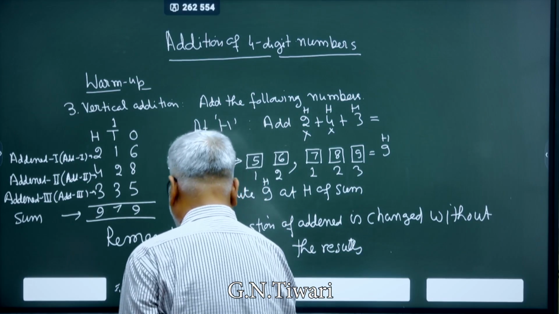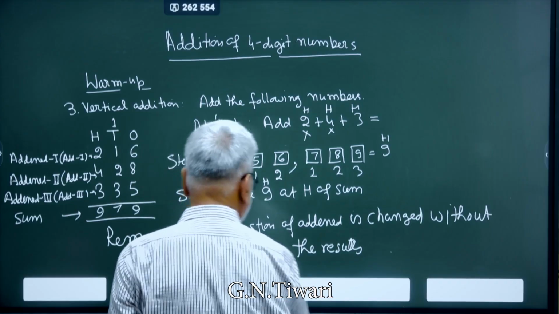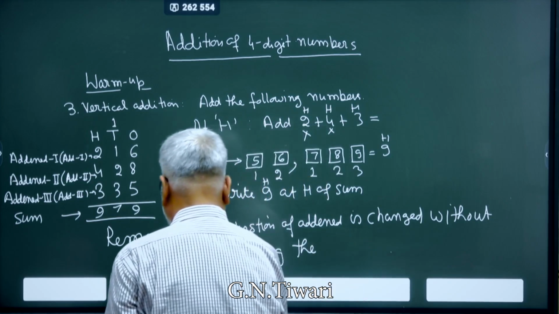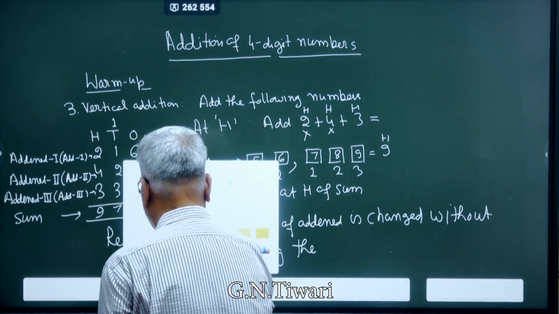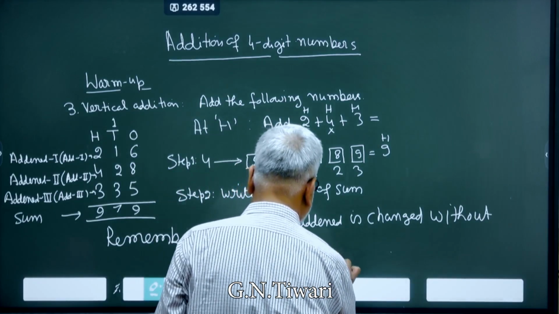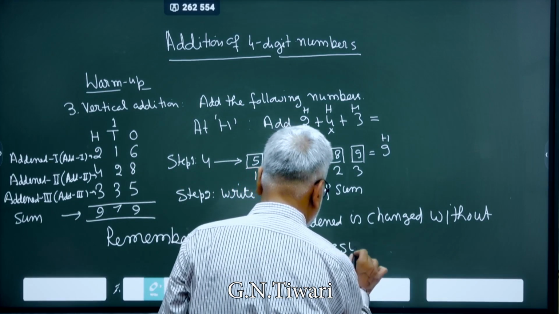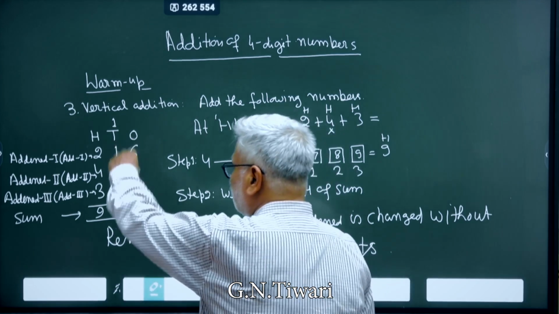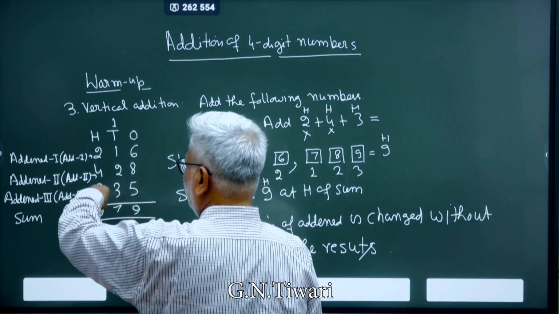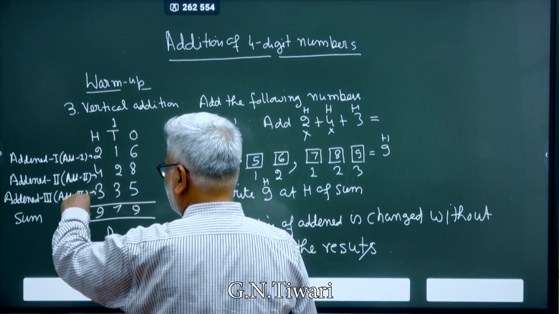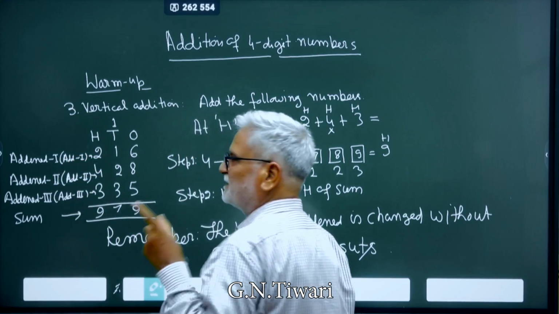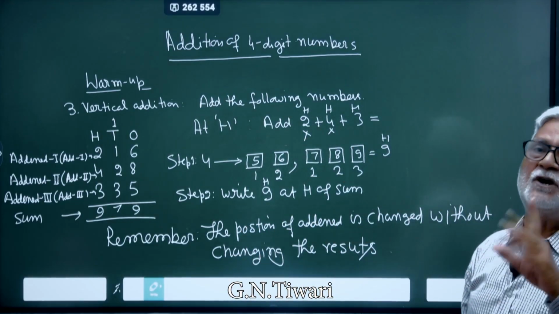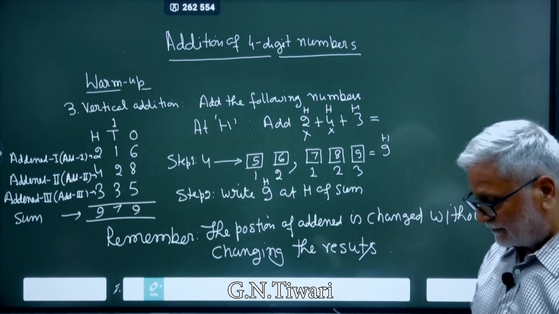Meaning is, अगर इसकी पोजीशन को चेंज कर दिया जाए ऊपर नीचे, addend 1 can take the place of addend 3 and vice versa. This result is not going to be changed. But in a subtraction, it is not true. I will discuss later on.